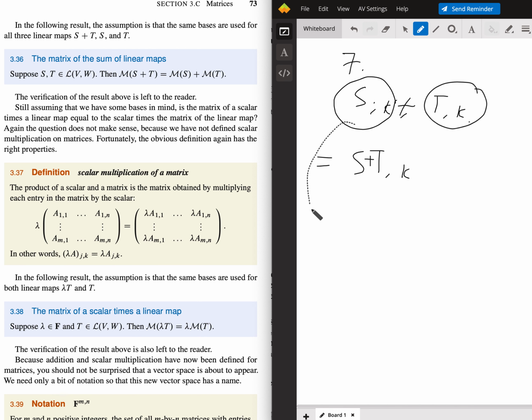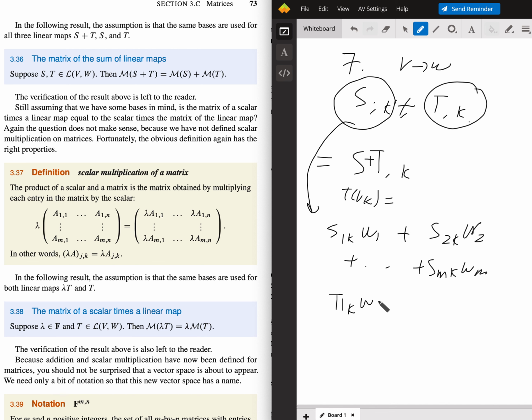And this makes sense linear combination-wise because S is a linear transformation from V to W such that you have, let's say, S of Vk is equal to S1k W1 plus S2k W2 and so on up to SMk WM, and T is very much the same. You add together and then it just becomes this.